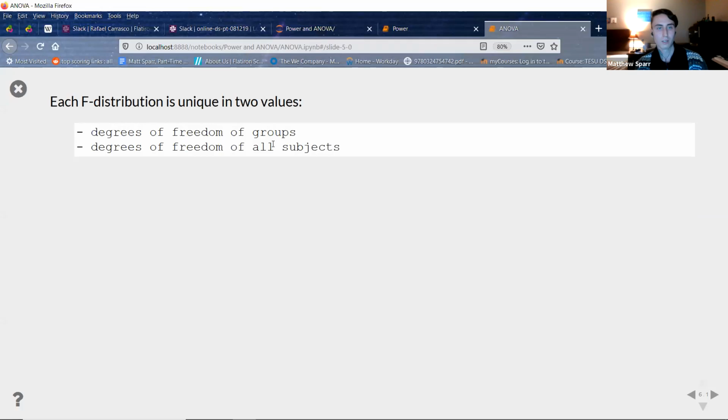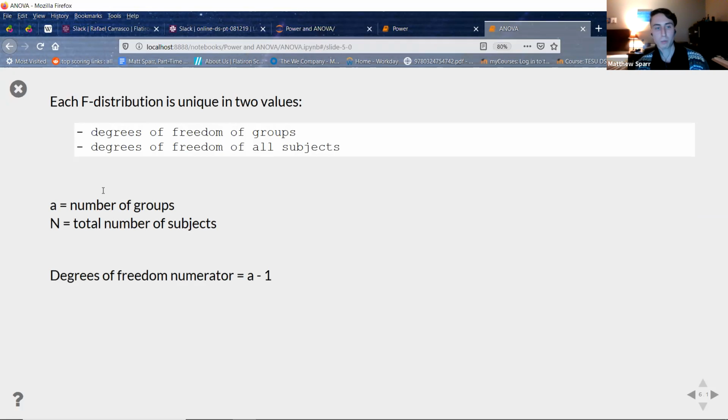So an F distribution is uniquely defined by 2 different values. It's the degrees of freedom on the numerator and degrees of freedom on the denominator. There's a lot of math involved that we're not going to get into, but basically the degrees of freedom for the numerator is of the groups, and for the denominator, it's of all the subjects total.